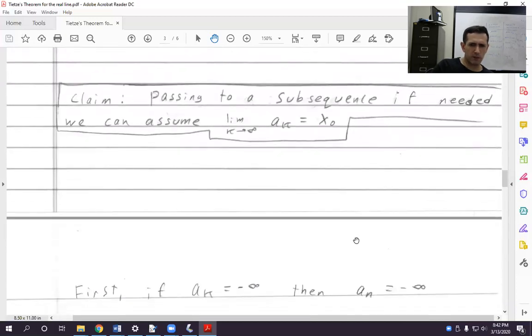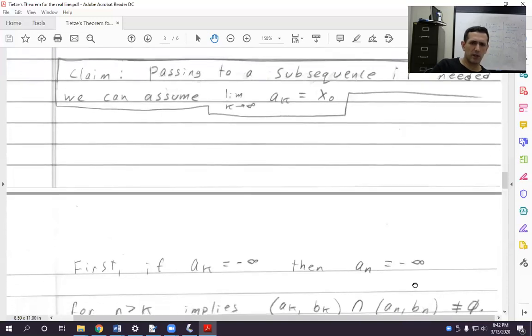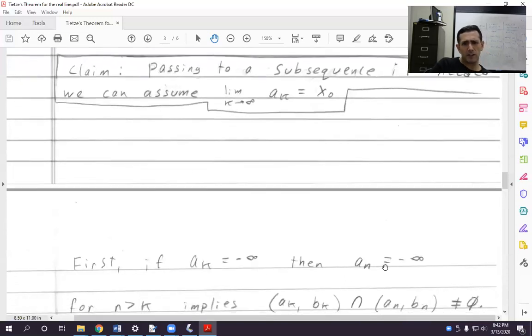Well, let's get something out of the way. First, if any of the AKs is minus infinity, then I claim that an can't be minus infinity for n bigger than k. Because if it is, well, this is minus infinity, this is minus infinity. So obviously the intersection here is not empty. And we're writing F complement as the disjoint union of these intervals.